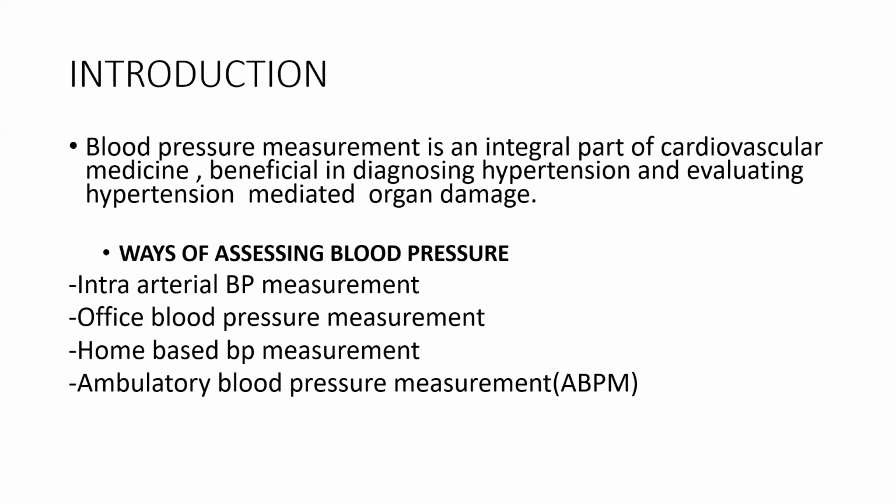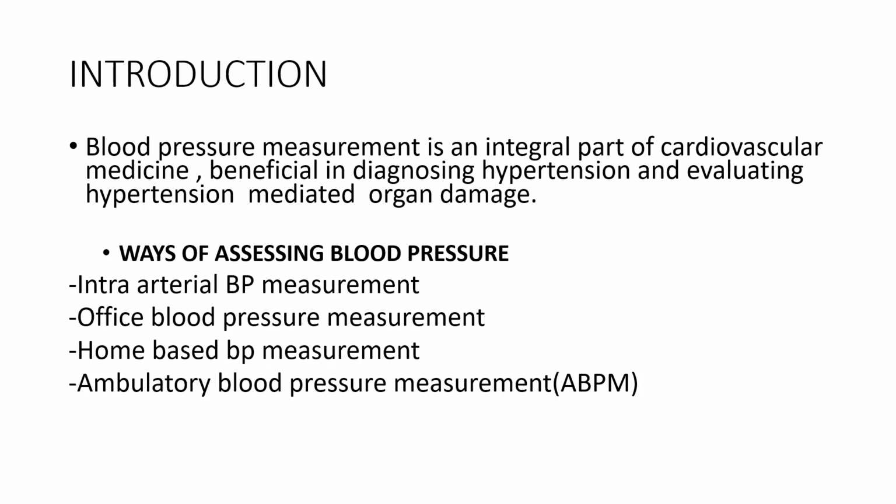This is what we do in the hospitals, where a health worker checks the blood pressure of the patient. Or three, home-based BP measurements, which are like the take-home assignments we usually give to patients to check their blood pressure morning and evening for up to 7 days and check the average of those BP readings.